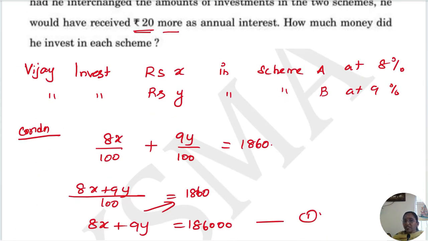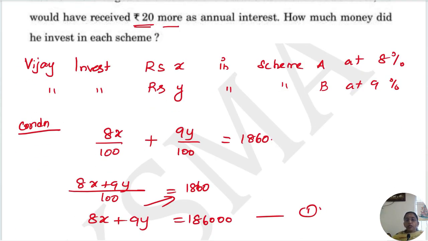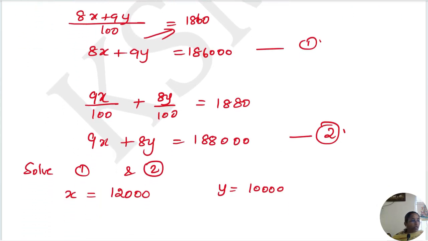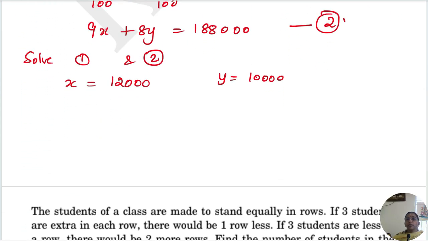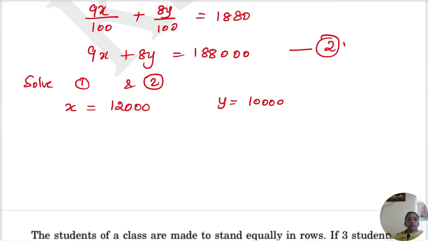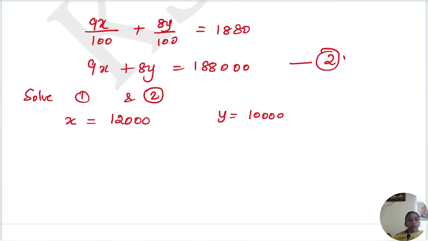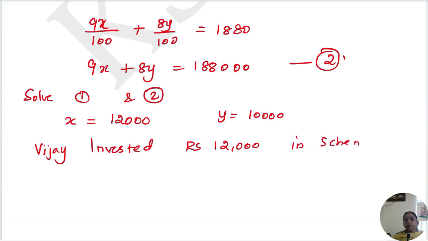X is the rupees Vijay invested in scheme A. So you can declare your answer: Vijay invested rupees 12,000 in scheme A, and Vijay invested rupees 10,000 in scheme B.